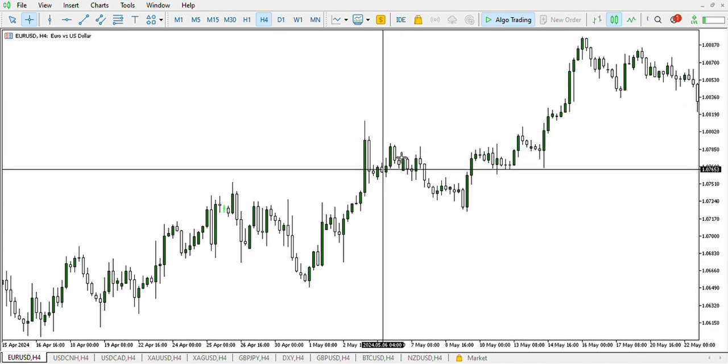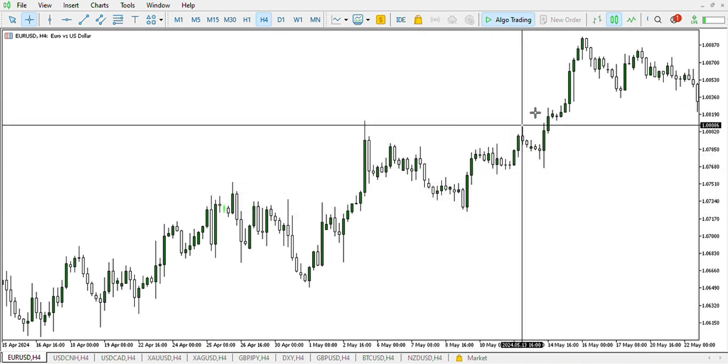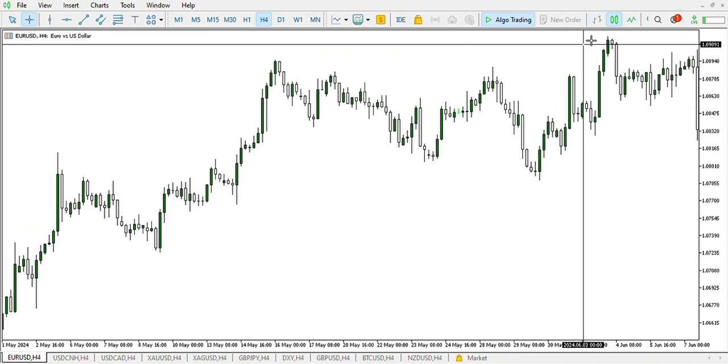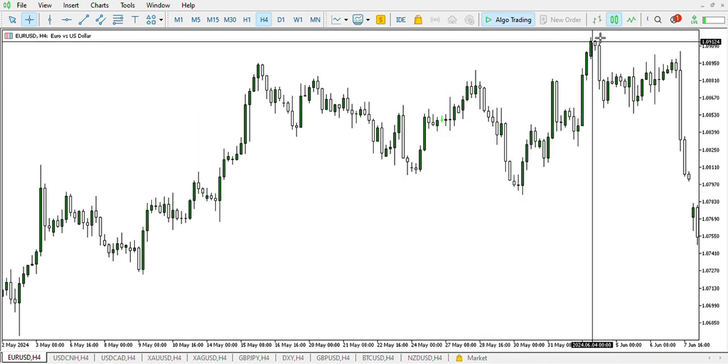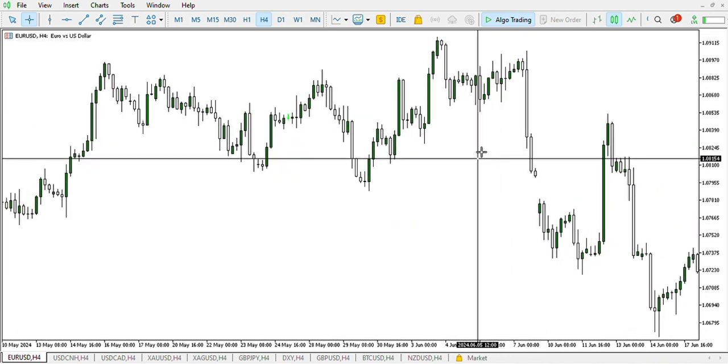You can see a correction down here, then the pattern continues. So now you should be able to identify a trend and also the correction in the trend.